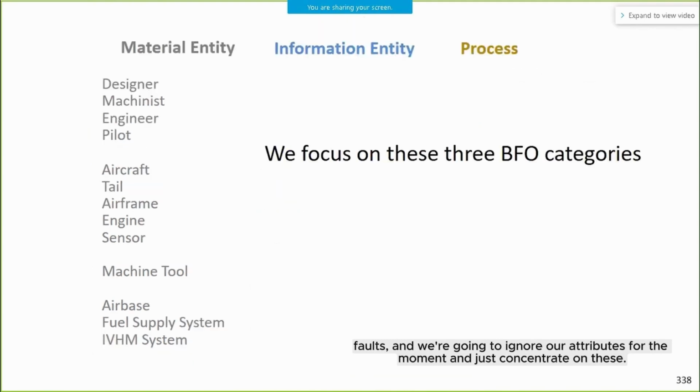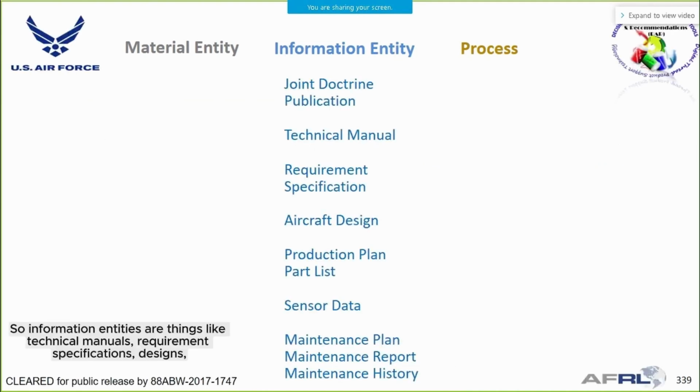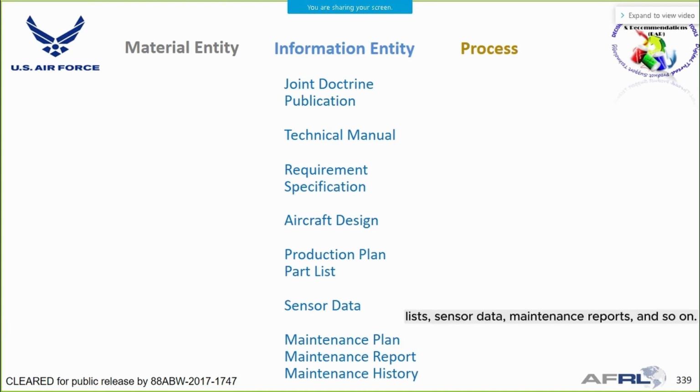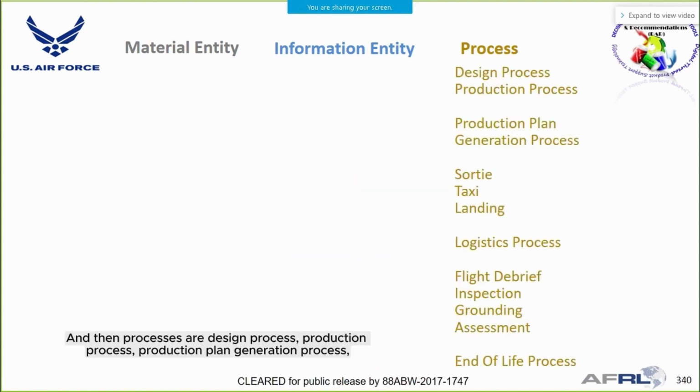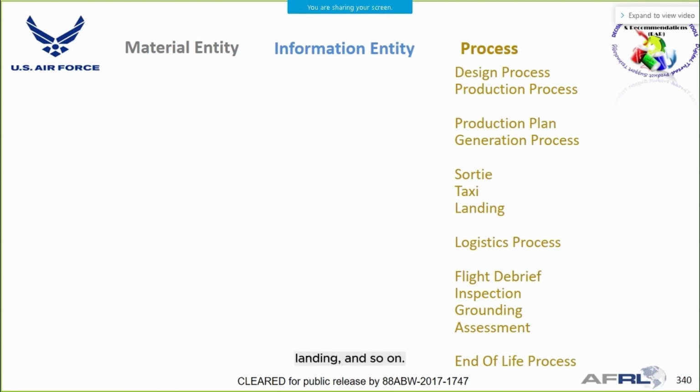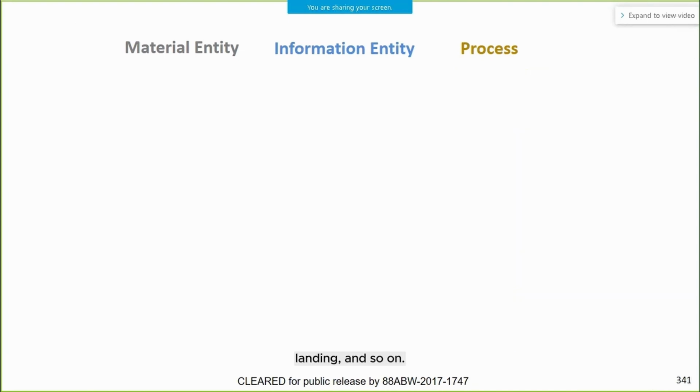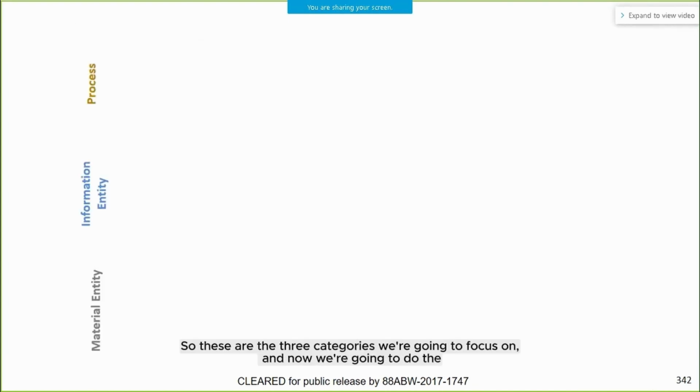We're going to ignore our attributes for the moment and just concentrate on these. So information entities are things like technical manuals, requirement specifications, designs, parts lists, sensor data, maintenance reports, and so on. And then processes are design process, production plan generation process, landing, and so on. So these are the 3 categories we're going to focus on.